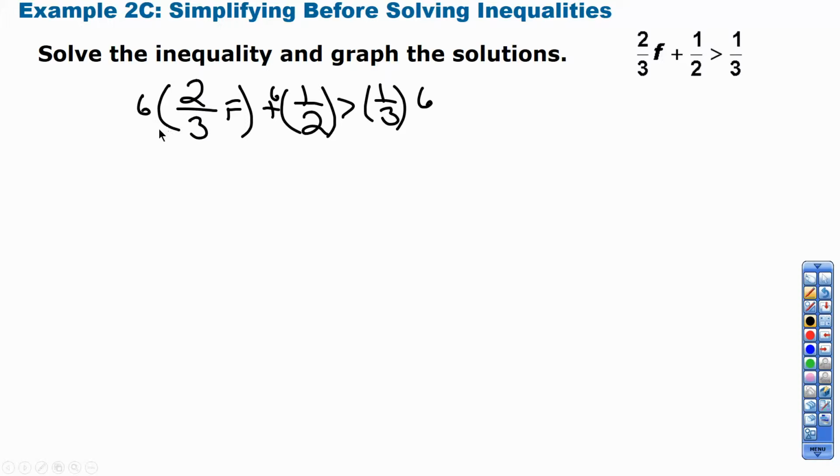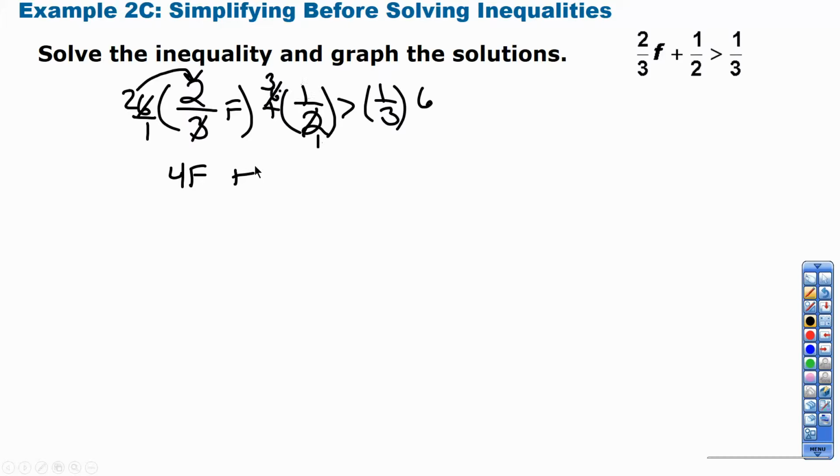And that will get rid of my denominators, and then I will no longer have a fraction to add up. So I have 6 divided by 3, because essentially I'm multiplying by a fraction here, 6 divided by 3 is 2. So then 2 times 2 is 4. So I end up with 4f plus, and then 6 divided by 2 is 3.